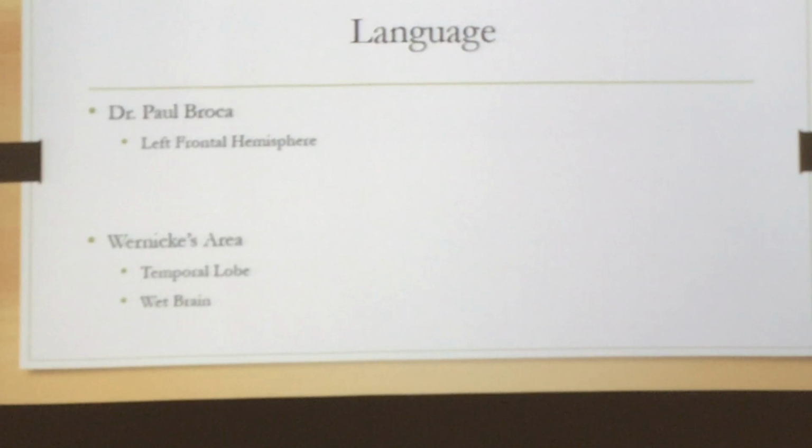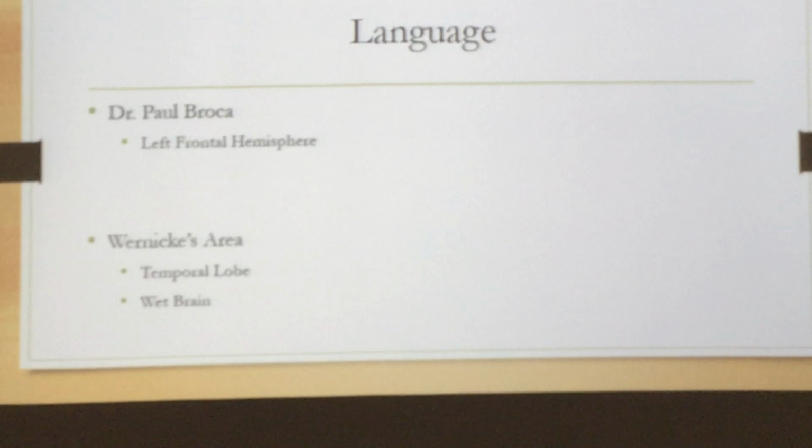Now, Wernicke's area is in the temporal lobe, and it can become damaged very easily. Very, very easily. One way to damage it is through abuse of alcohol. There is a condition called Wernicke-Korsakoff syndrome, where a person has literally drunk themselves into brain damage that cannot be reversed.